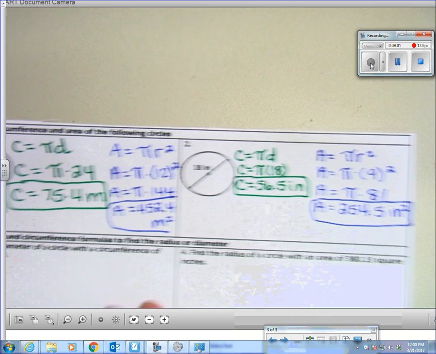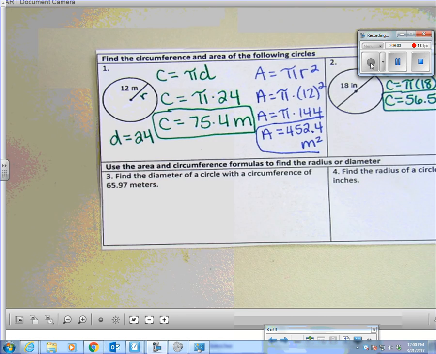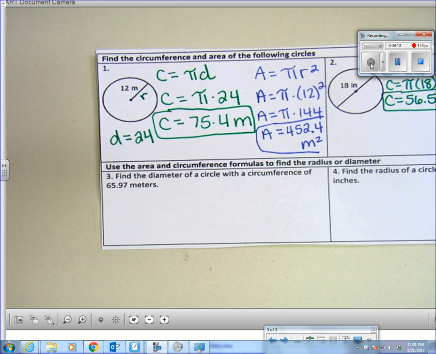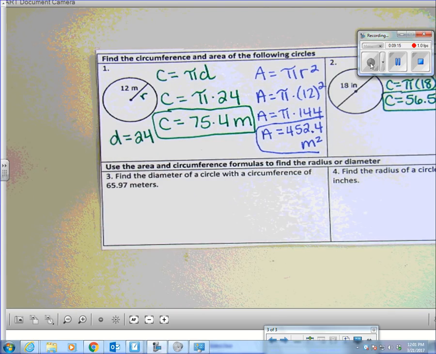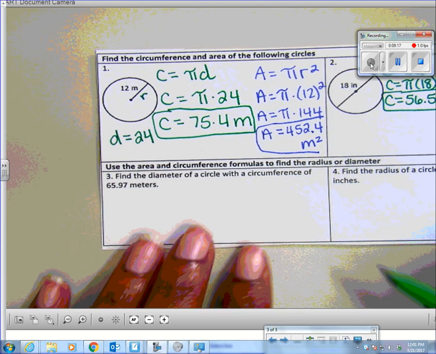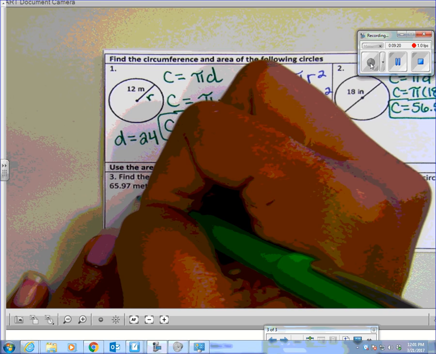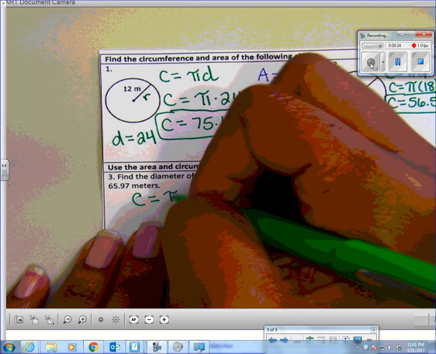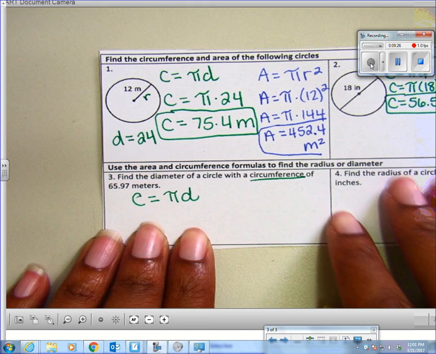Okay. Now we're going to use the area and circumference formula to find the radius or diameter. So basically we're going to be working backwards. So for number 3, we want to find the diameter of a circle with a circumference of 65.97 meters. So because they gave us a circumference, we're going to work backwards using the circumference formula. So circumference equals pi d, and we're going to look for the diameter.